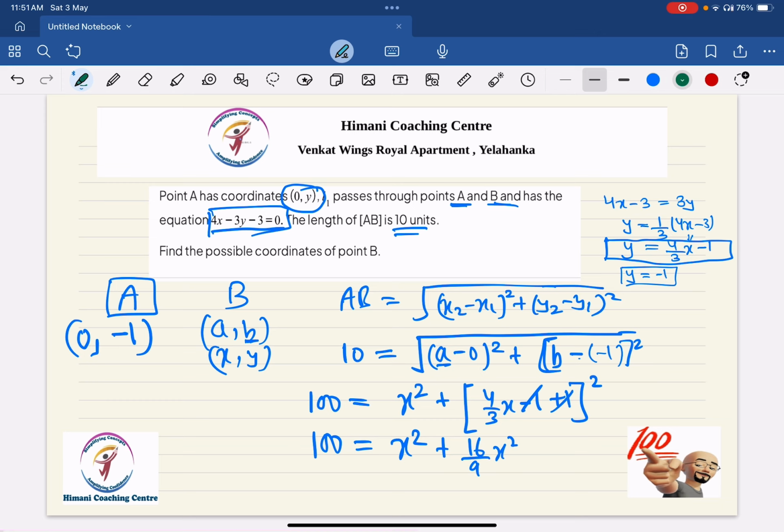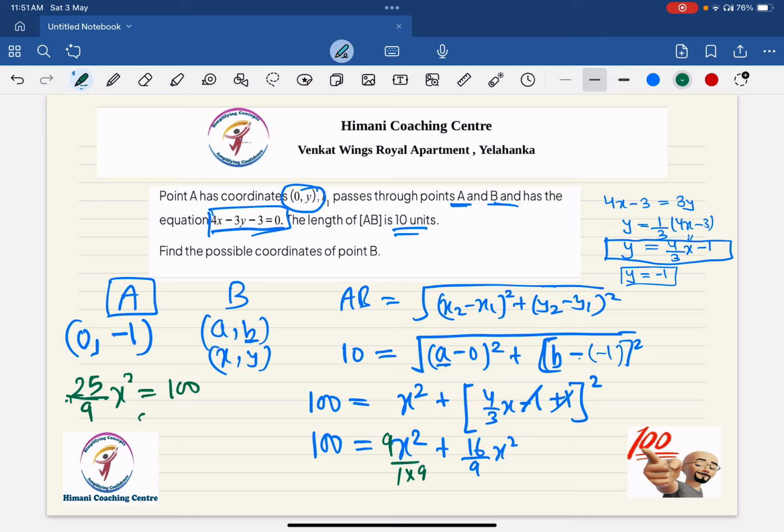Okay, now let us do the LCM. So we get 25 x square by 9 equals 100. Let us write that here: 25 by 9 x square equals 100.